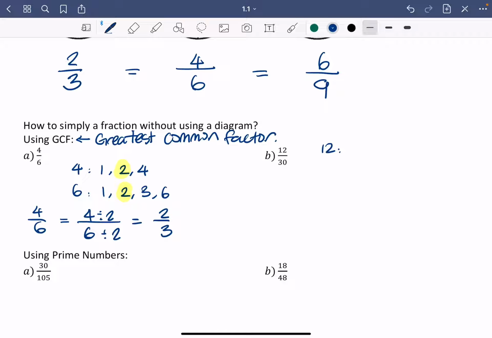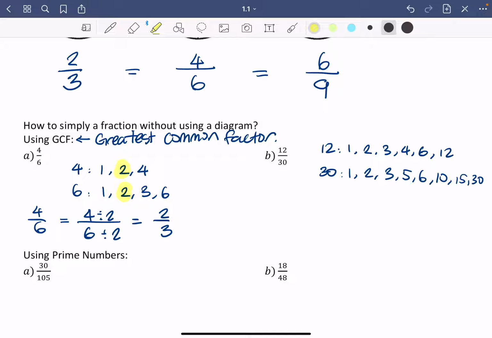So 12 has factors of 1, 2, 3, 4, 6, and 12. What about 30? For 30, we can have 1, 2, 3, 5, 6, 10, 15, and 30.